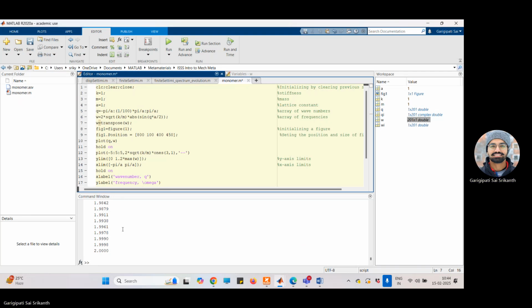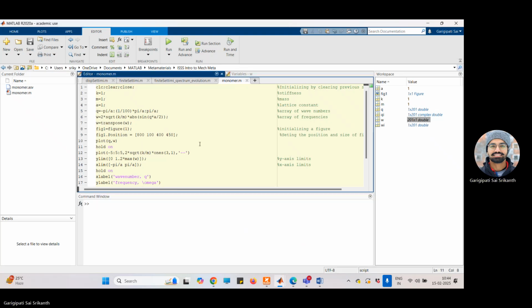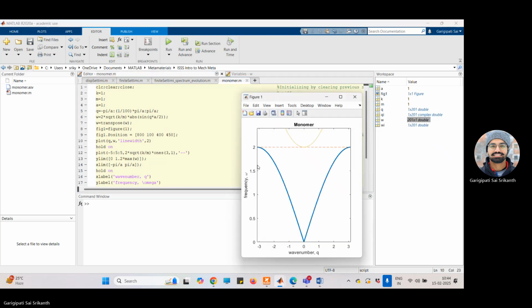Okay, can we change the line thickness? Yeah.